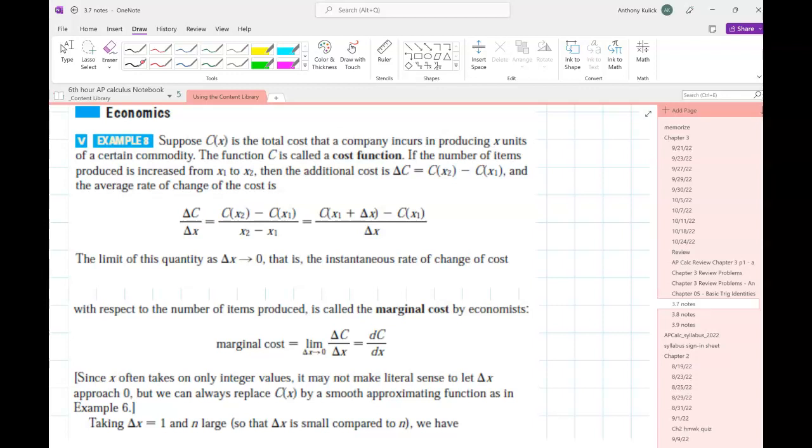Like the marginal cost when X is 5,000 is how much does it cost for one more unit to make the 5,001st item, right? Because that cost is going to change depending on how many you're making. Most of the time that's not a constant, right?